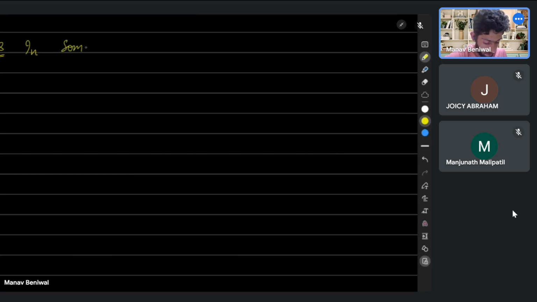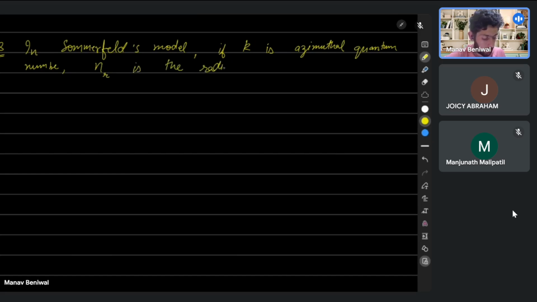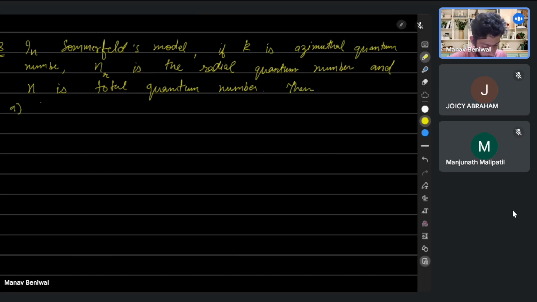In Sommerfeld's model, if k is your azimuthal quantum number, nr is the radial quantum number, and n is your total quantum number, then option A: k into nr is equal to n.